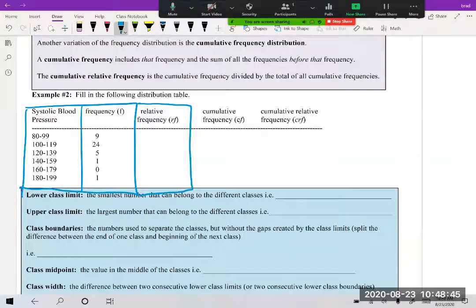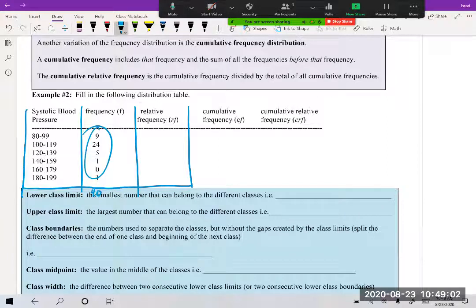So all we have to do is find out how many are there. It appears that there are 40, right? If we add all these up: 24 plus 10 is 34, plus 5 is 39, plus 1 is 40. So there's a total of 40.